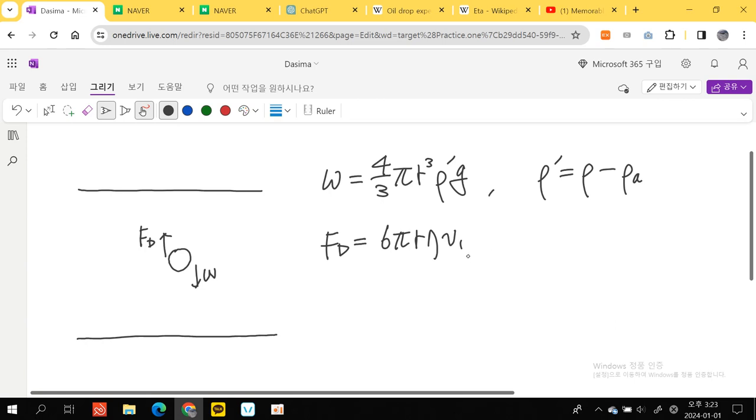At the terminal speed these two forces are in equilibrium, so we can make the equation showing gravity is the same as the drag force.